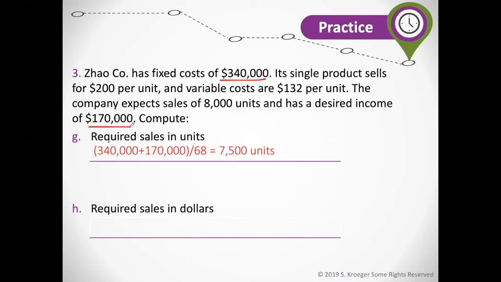We calculated this in Part B. It was 34%. So 510,000 divided by 34% equals $1.5 million. We need our sales to be $1.5 million in order to achieve a net income of $170,000.